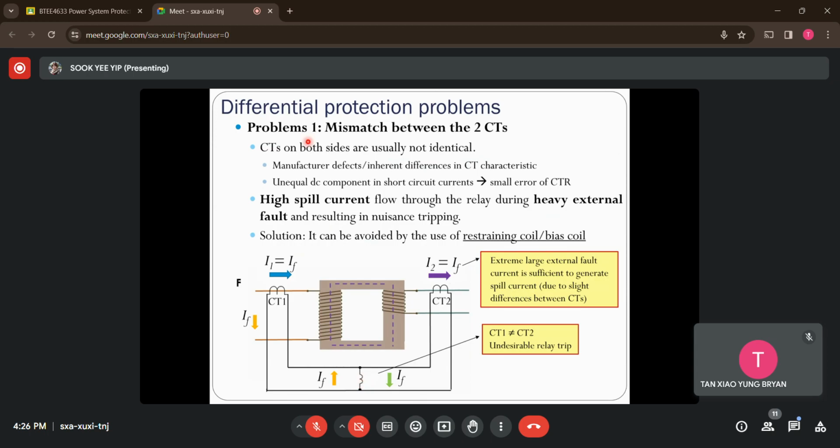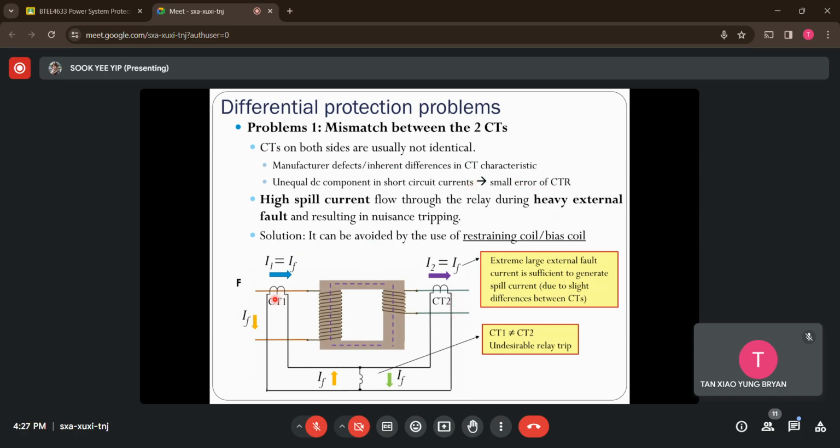The first problem arises from the two current transformers being used together with the differential relay. For these two current transformers, there might be a mismatch. They are not the same in terms of characteristics, due to manufacturer defects or differences during manufacture. At the same time, if we have an unequal DC component in the short circuit current, it might also cause more error in the current transformer ratio.